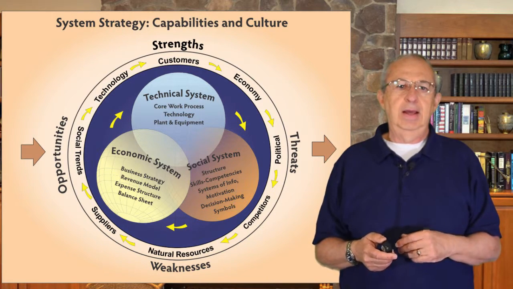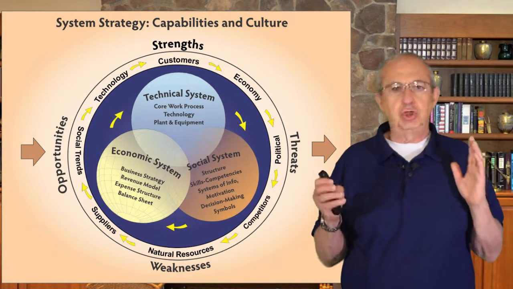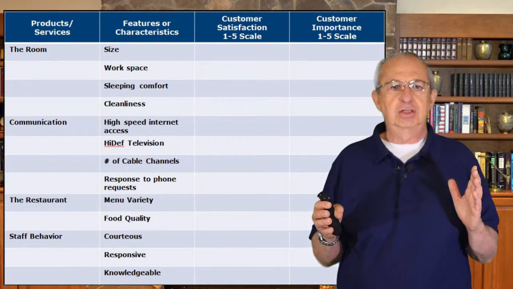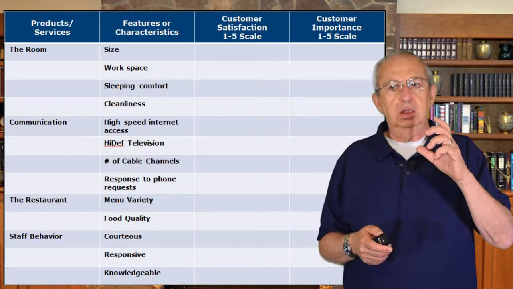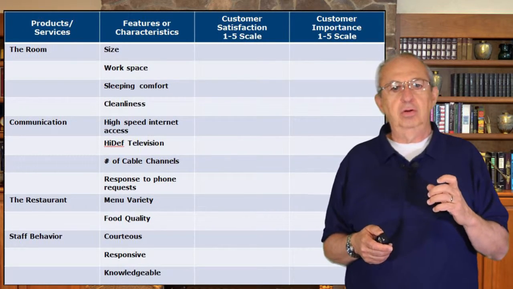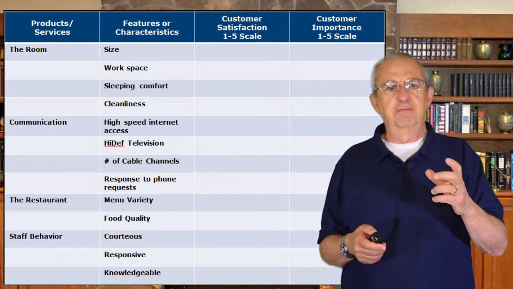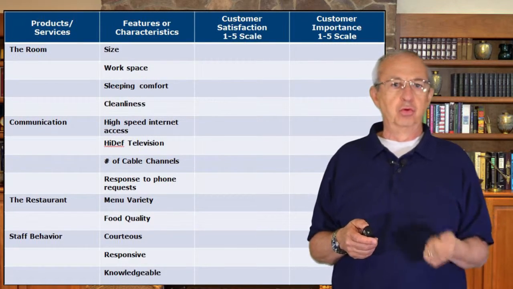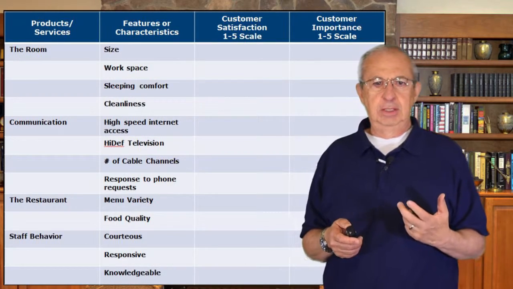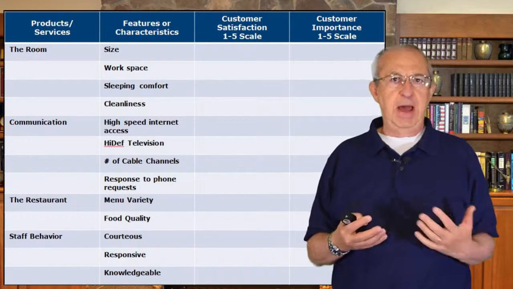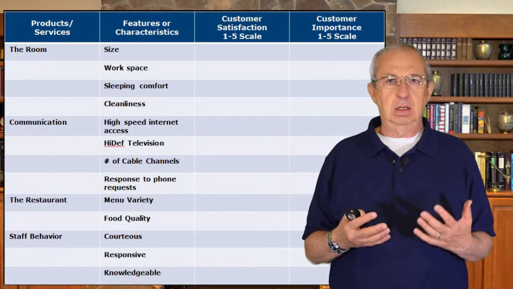So here is a chart that I suggest you use. Now, in the hotel that we have, there are different aspects of the hotel. For example, there is the room itself, the quality of the rooms, the size of the room, etc. There are communication patterns and communication devices that go on in a hotel.